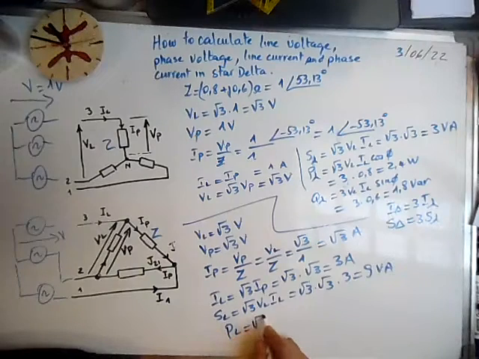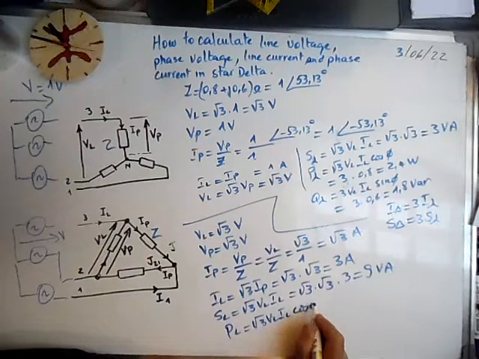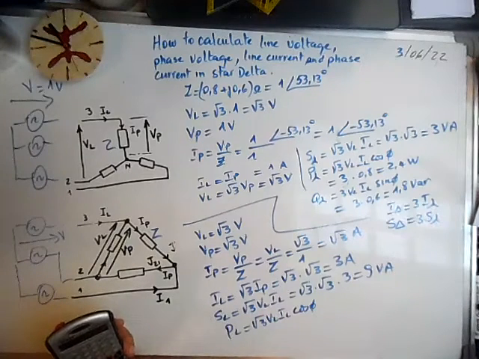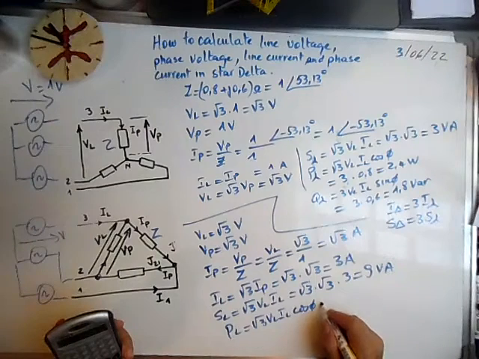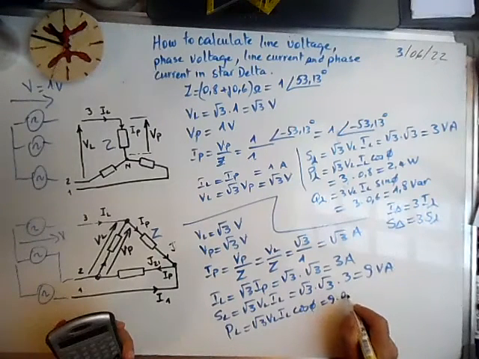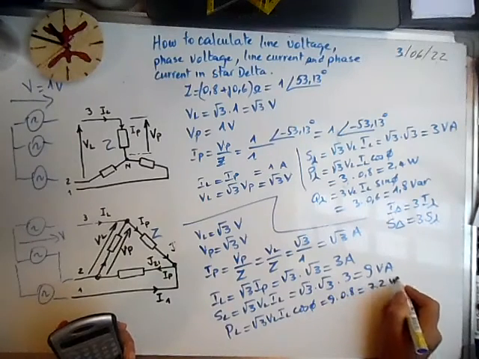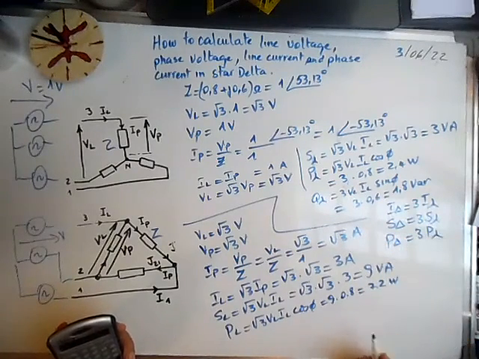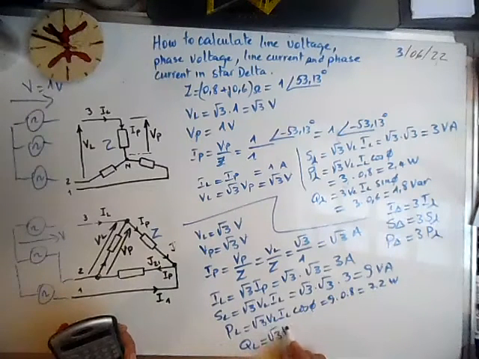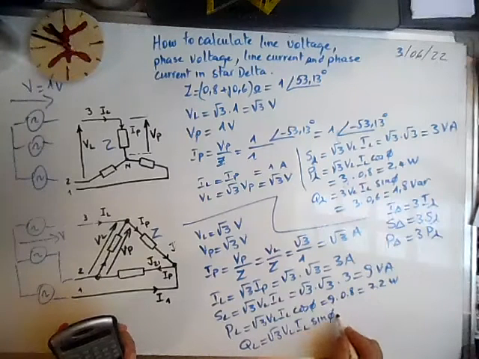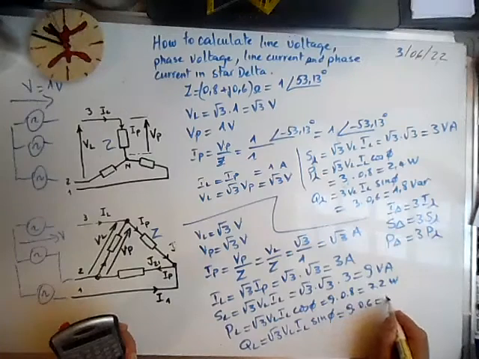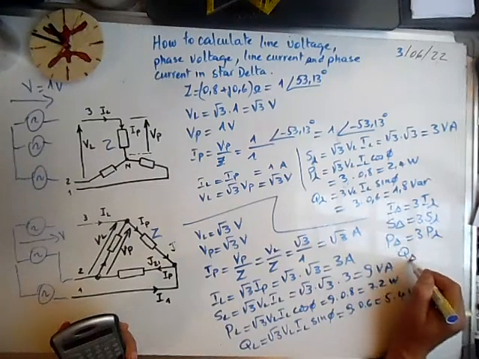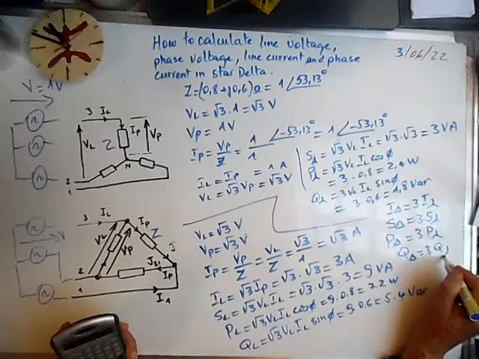And PL, we can calculate it, is square root of 3 VL IL cosine phi, which is 9 times 0.8, it's 7.2 watts, and we see that P in delta connection is 3 times P in star connection. QL is square root of 3 VL IL sine phi, and it's 9 times 0.6, and it's 5.4 volt ampere reactive. And we can see that Q in delta connection is 3 times Q in star connection.